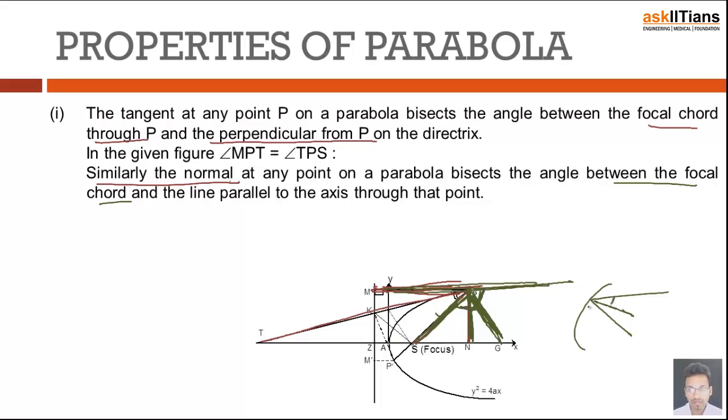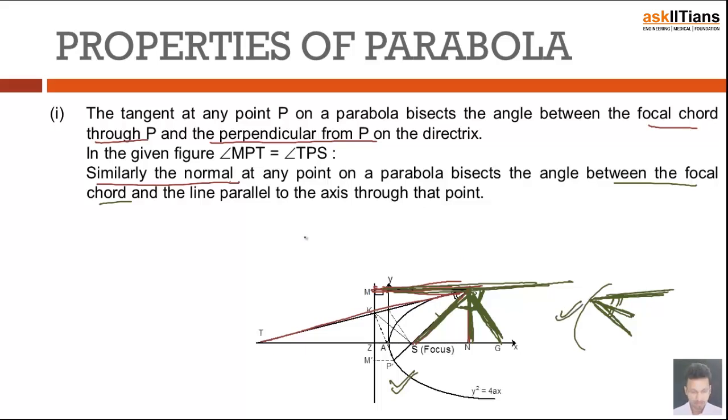So that's why we say that along the normal, the angle of reflection is equal to the angle of incidence. This is the property of the parabola being used, that the normal bisects the angle between the line parallel to the axis and the line passing through the focus. That's why, as you must have read in physics, all rays parallel to the axis pass through the focus after reflection from a concave or convex mirror. So that is what the concept is.